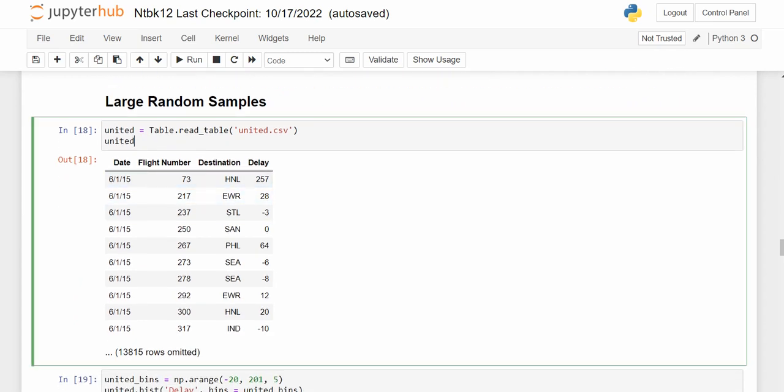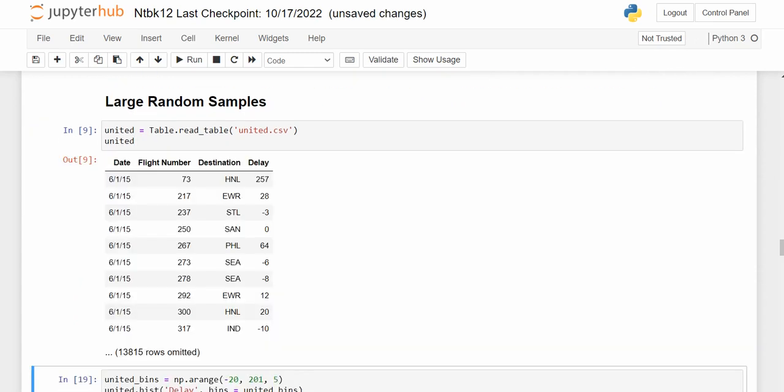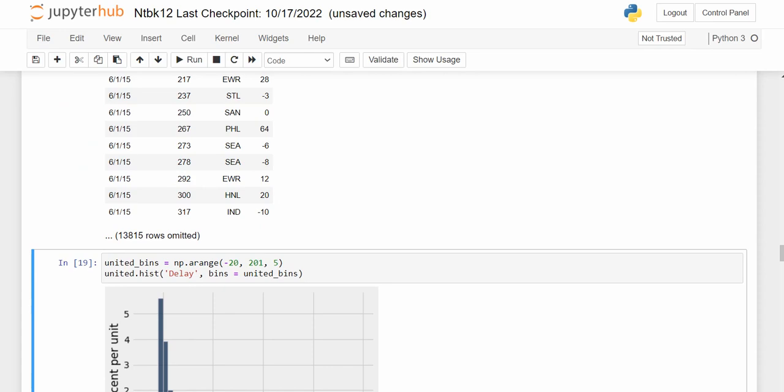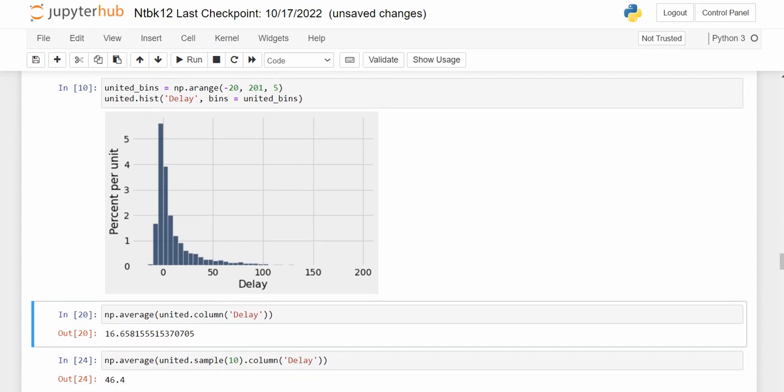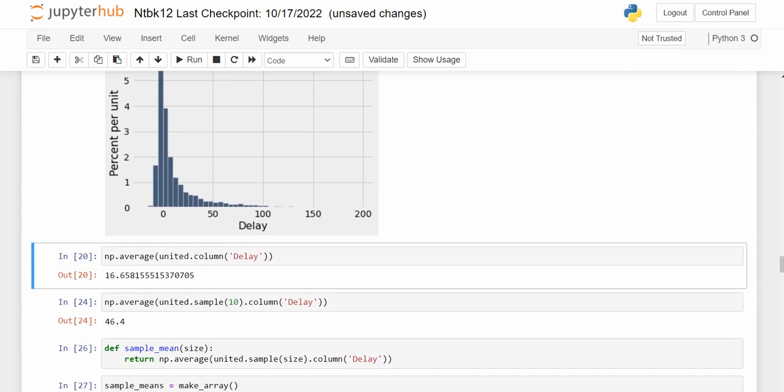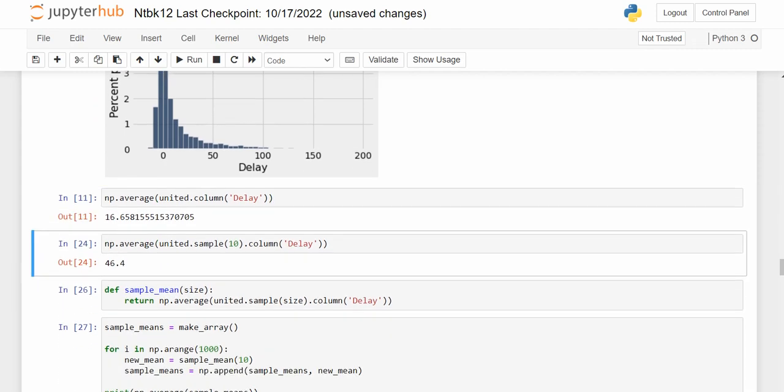And so here we go with a large random sample. All right, and we're looking at the population distribution, which is not exactly bell-shaped. It's skewed to the right, massively skewed to the right, hardly bell-shaped, a little evidence of bell-shape. And so now the population average is 16.65 minutes.